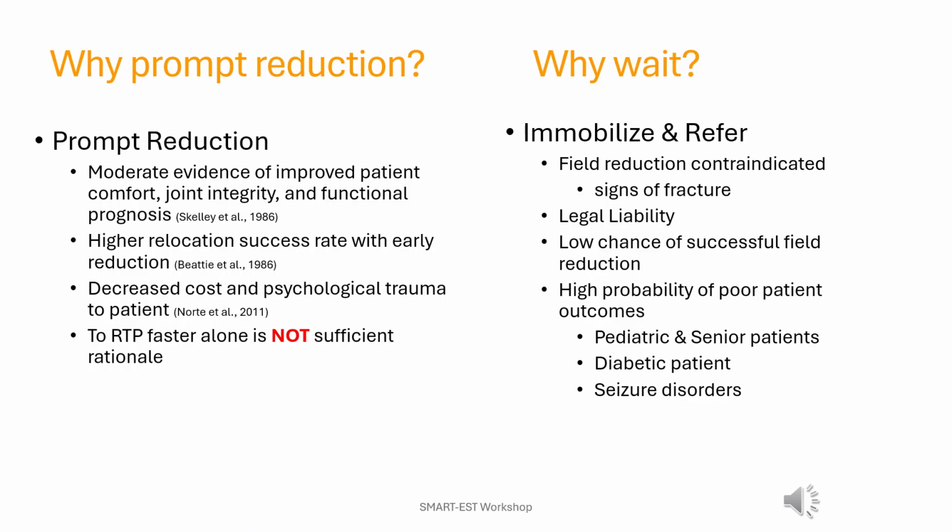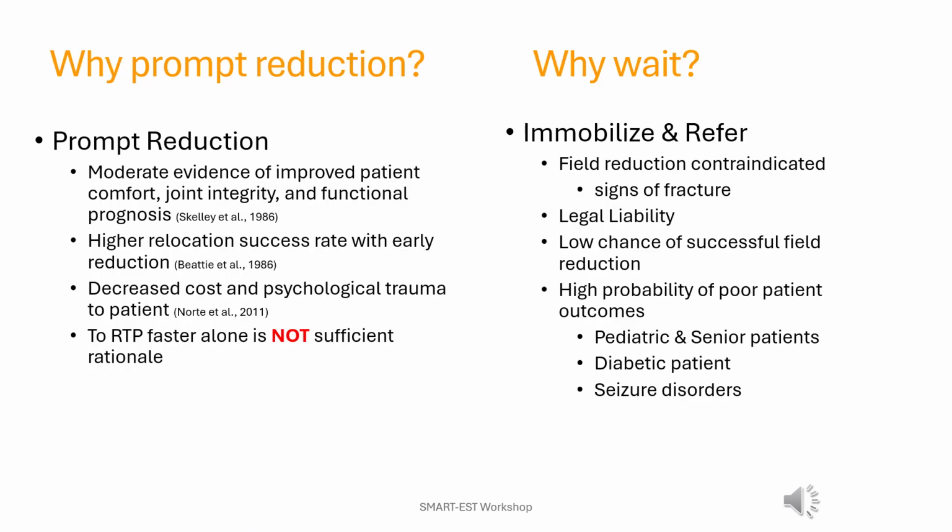There's decreased cost and psychological trauma to the patient with prompt early reduction. However, return to play faster in itself is not sufficient rationale to warrant why you would do prompt reductions of a joint dislocation.